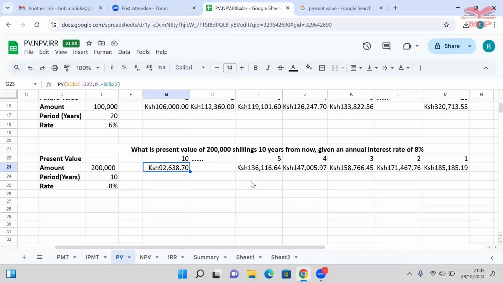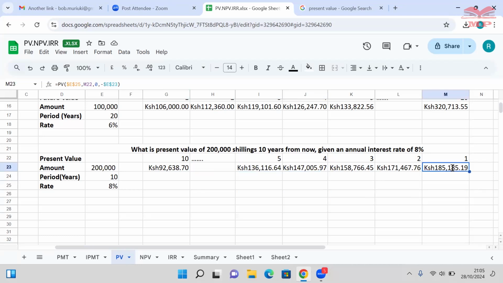Okay. 5 years from now, so I kind of worked it backwards. What is changing if you look at this formula compared to that one? I am changing the period. This one remains fixed, the interest rate, but the period is now 5 years. As I go along, you will notice it will keep changing to 4 years and so forth.